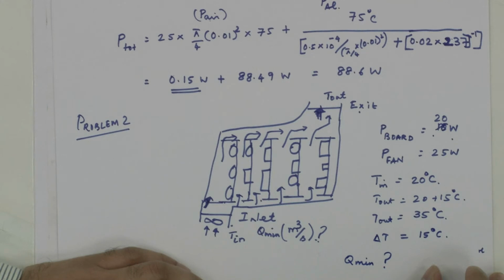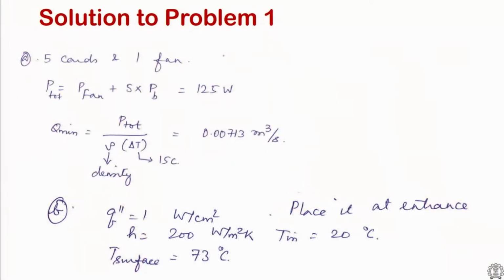If you take this example and work it out, there are 5 cards in the system and 1 fan.